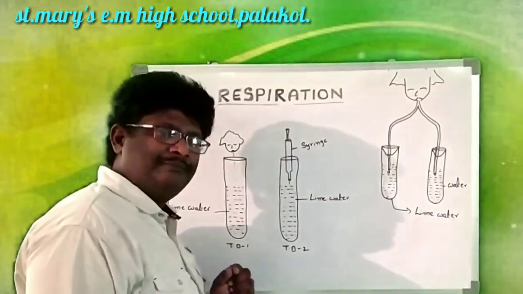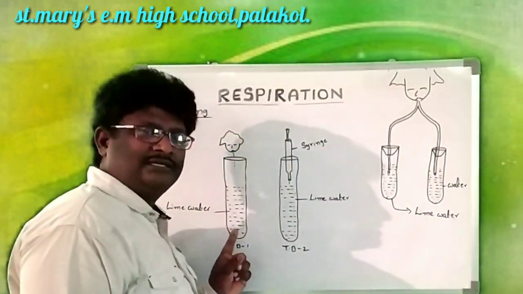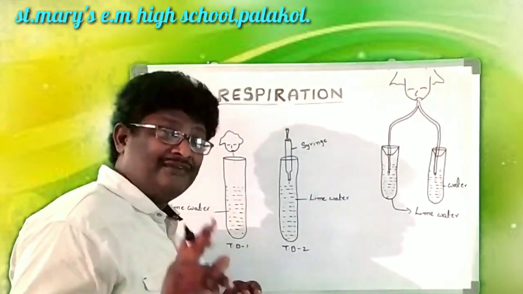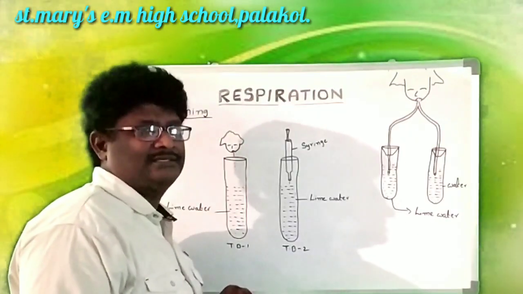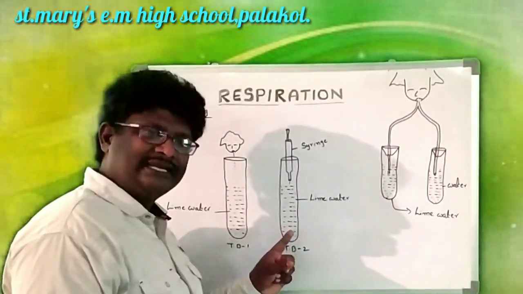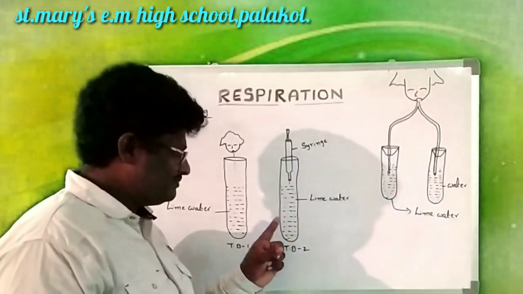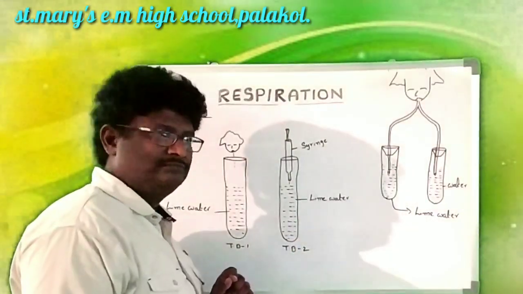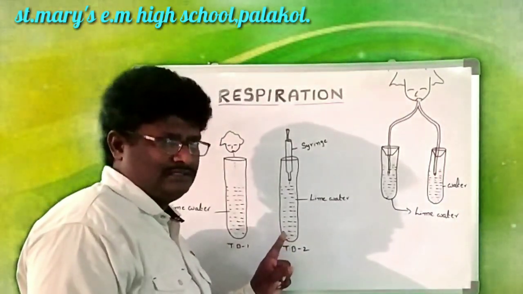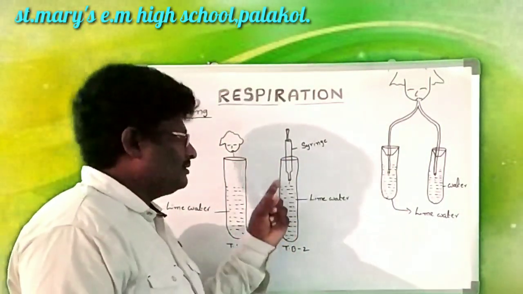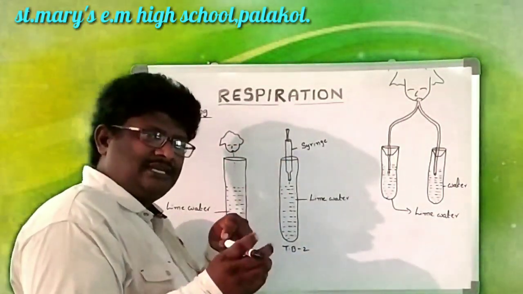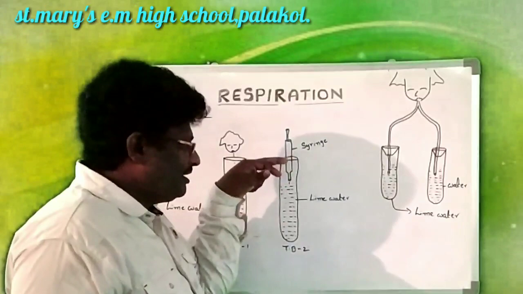Why? Because when the lime water touches CO2, immediately the lime water turns milky white. Is it right? Next, if you observe the second test tube, this test tube is also having lime water. Next, take one syringe. With the syringe, we push the air into this lime water.